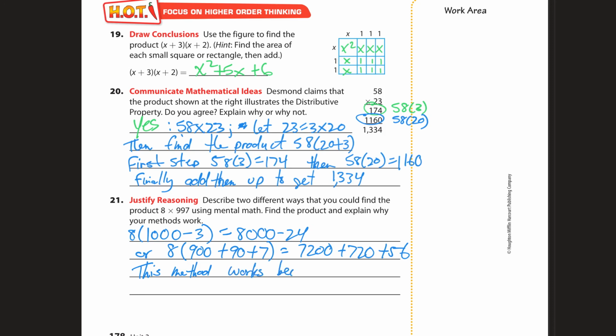Works because I'm using the distributive property.